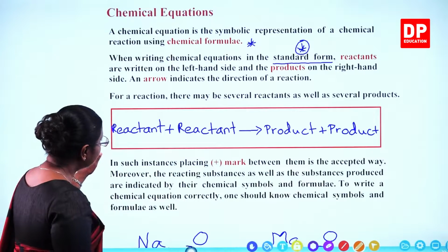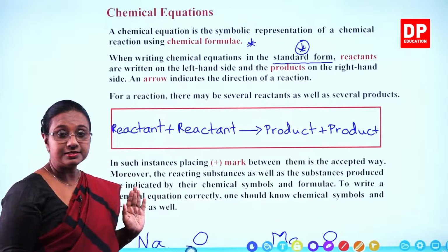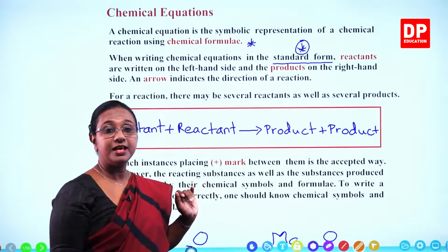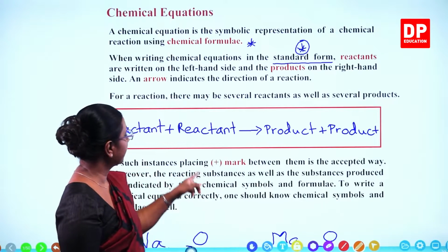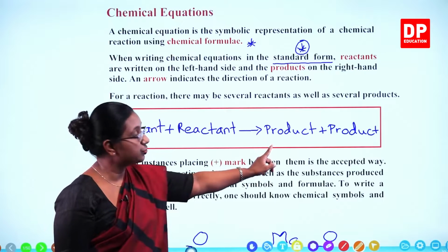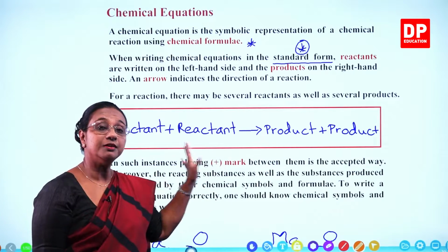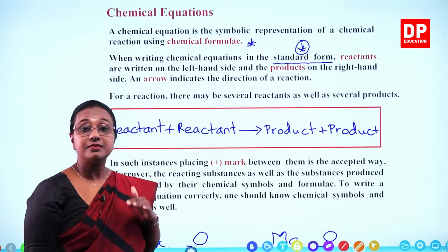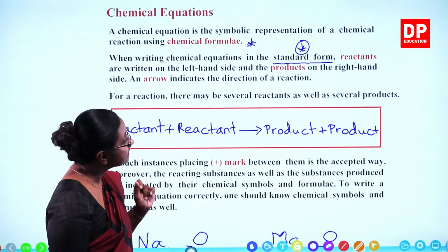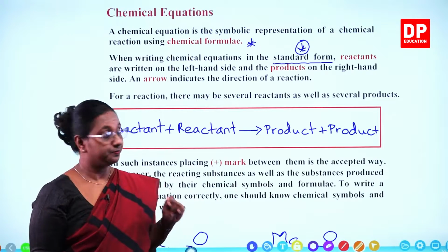So you have the reactants on the left hand side, one or more reactants. You have the products on the right hand side, again one or more products, and the direction of the reaction from the reactants to the products is shown by the arrow. That is how the reaction is represented in the standard form. That is the chemical equation.